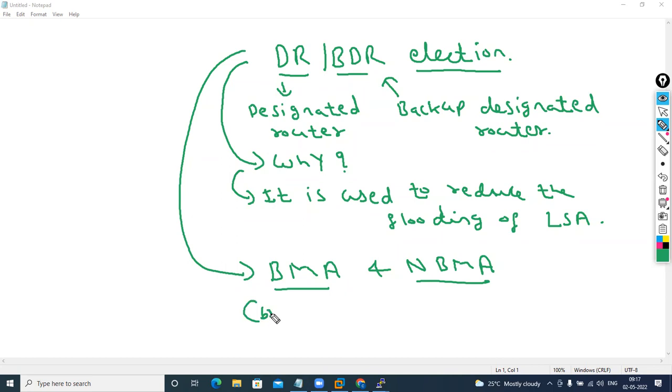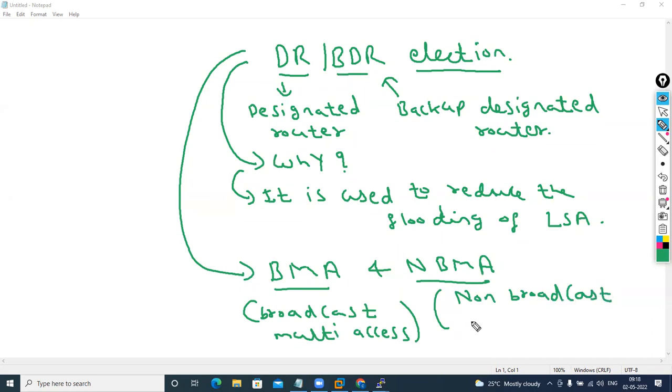BMA stands for broadcast multi-access. NBMA stands for non-broadcast multi-access. So indirectly, we can say we use DR/BDR in order to reduce the number of full adjacencies in your network.